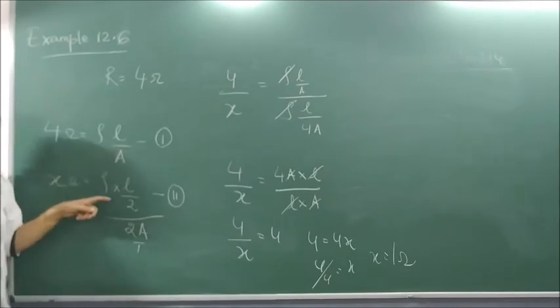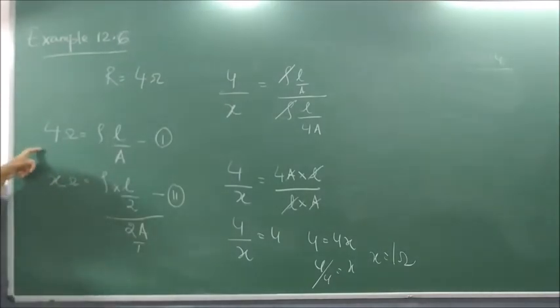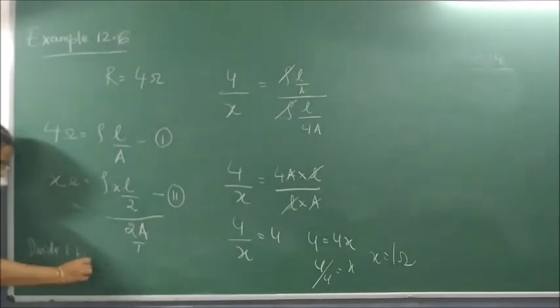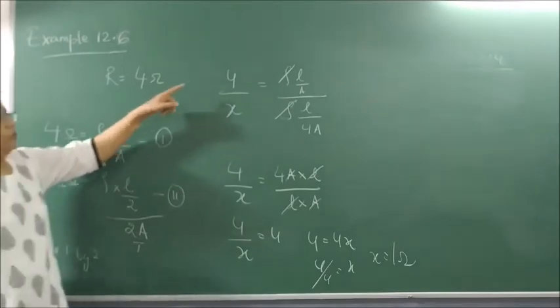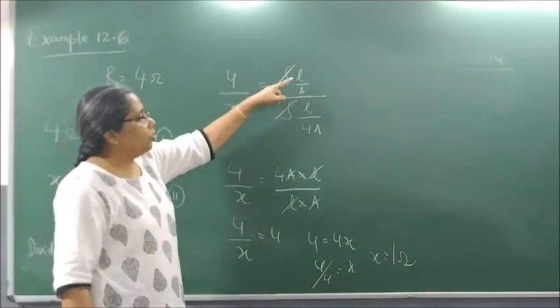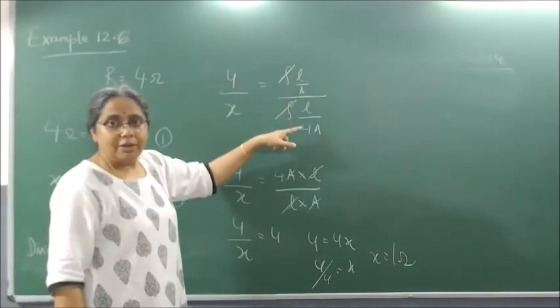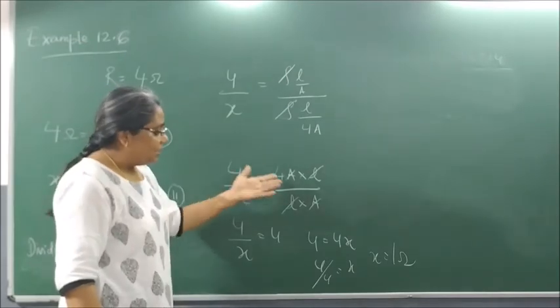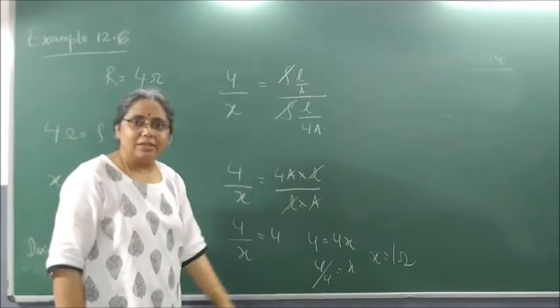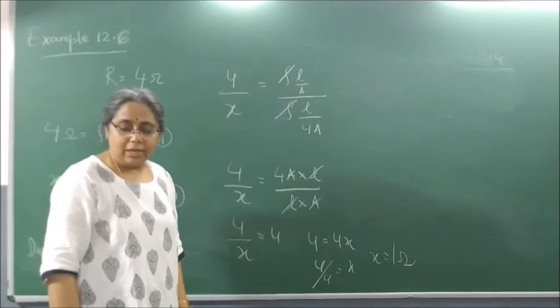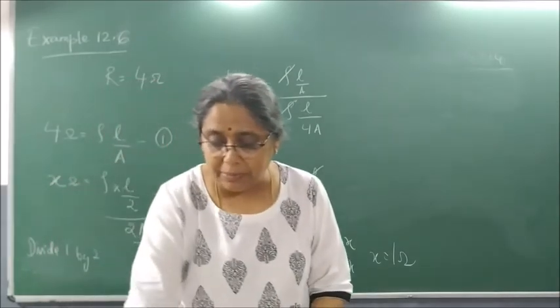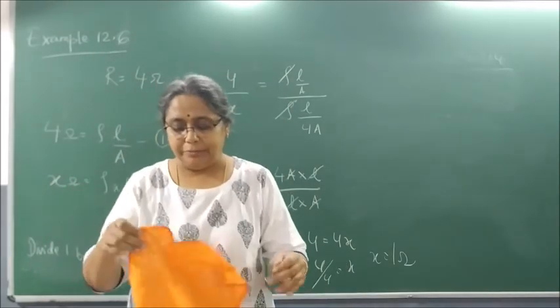Take a ratio, or divide equation 1 by equation 2. So you will get 4 by x is equal to rho L by A by rho L by 4A. Cancel everything and you will get x as 1 ohm. Is it clear?